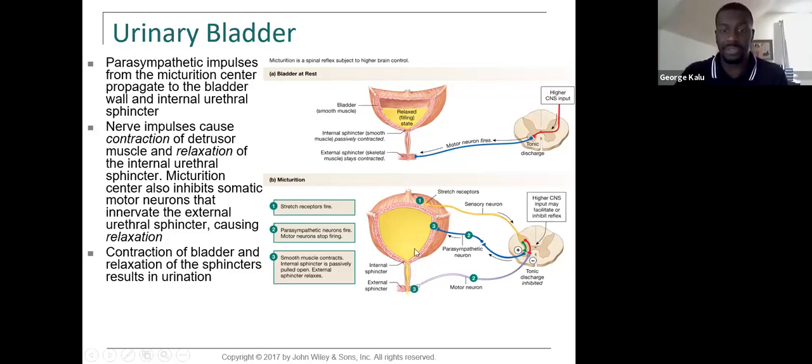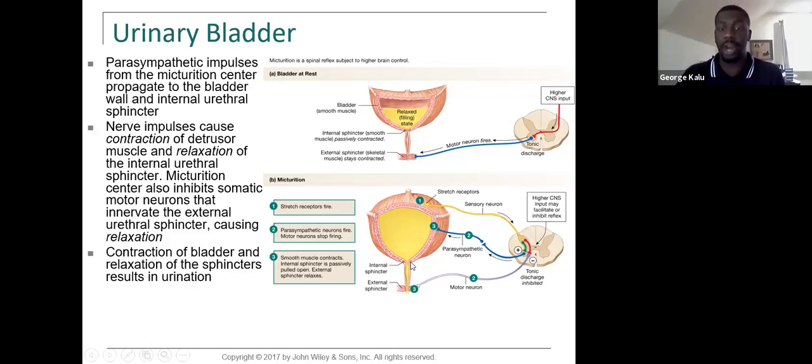Just to recap here: our bladder begins to fill. As the bladder fills, the stretch receptors get activated and send action potentials down to the spinal cord. Parasympathetic impulses then send action potentials to the detrusor muscle, causing the muscle of the bladder to contract, and also causing the internal urethral sphincter to relax, which you see over here.